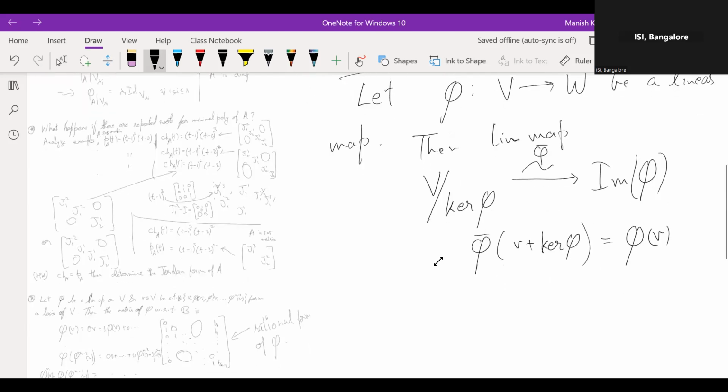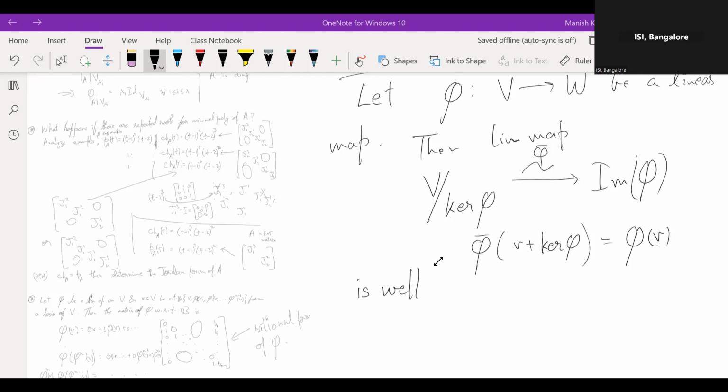And then the linear map is well defined. It's not clear a priori that it is well defined, because I'm defining it by taking a left coset and defining it not in terms of the left coset but a representative, right? V plus kernel phi may be the same as V prime plus kernel phi. If I take a different representative V prime, then one has to show that phi V and phi V prime are the same.